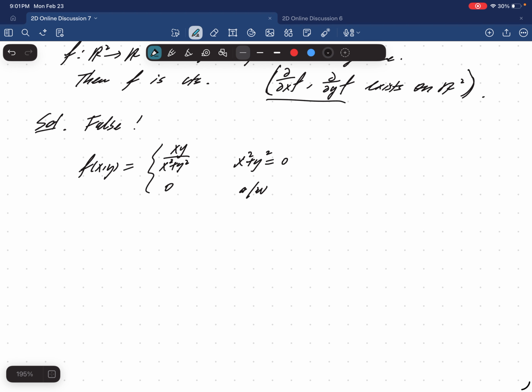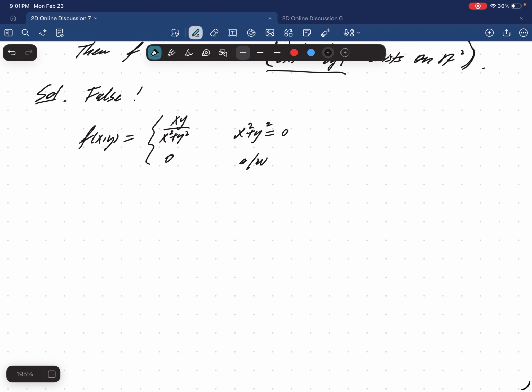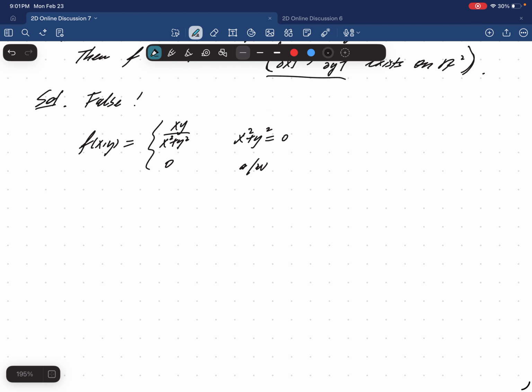So let's just see, why does it have partial derivatives everywhere? By the previous problem we've done, I think it's clear that this function is discontinuous at the point (0,0). Right, this we showed with our last question.